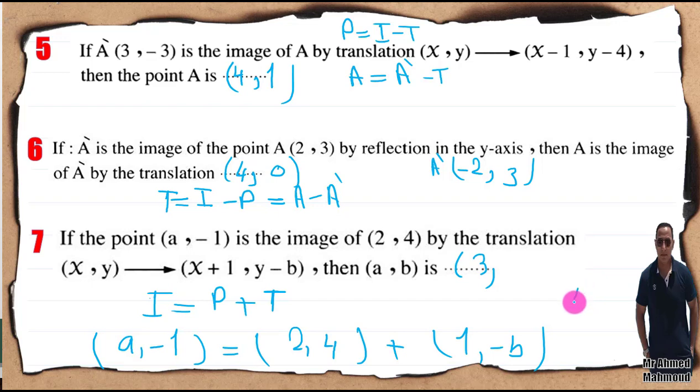Here, 4 minus B equals negative 1. I'm going to move 4 as minus, so negative B equals negative 1 minus 4. So negative B equals negative 5, so B equals 5. Okay, so B equals 5. The next example.